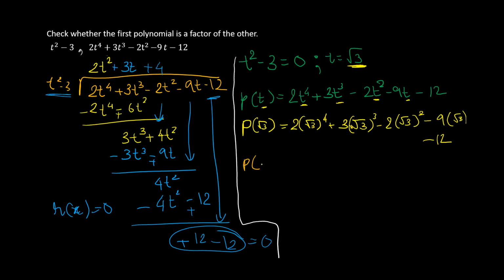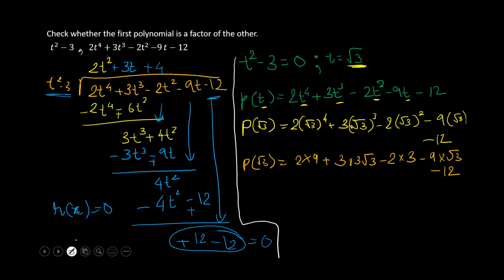That's p of under root 3, and under root 3 power 4 is 9, so 2 into 9 plus under root 3 power 3 is 3 into under root 3, minus under root 3 squared is 3, so that's 2 into 3, and here we'll get minus 9 into under root 3 and minus 12 in the end.